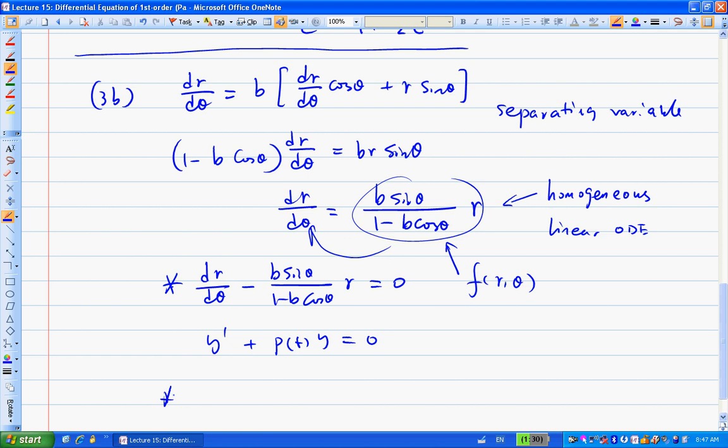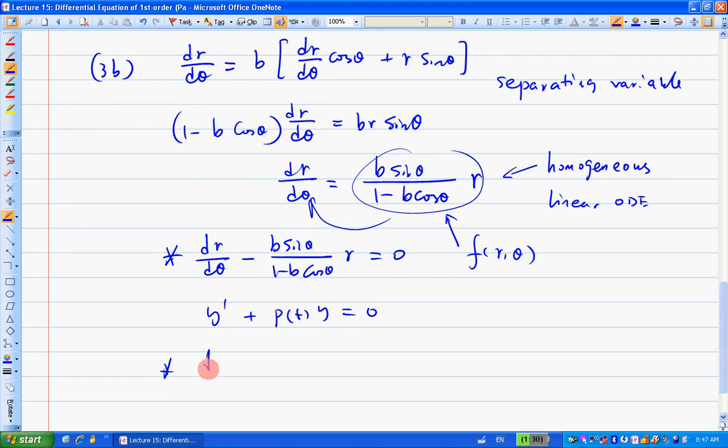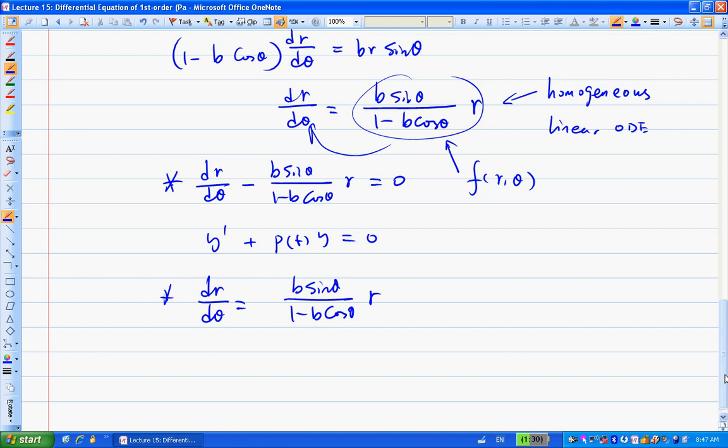The second way of looking at it is you don't change that. You still keep it as it is. Now, as I said, this is a function of r, and the first term is a function of capital theta, right?